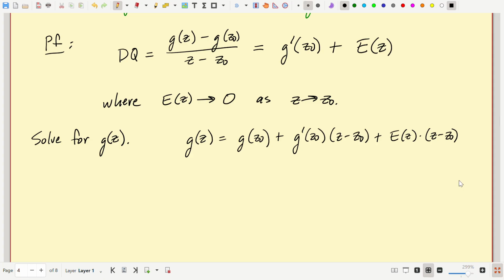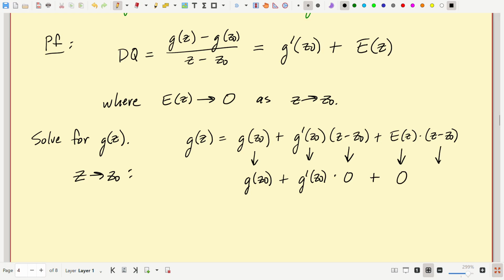And now if I let Z tend to Z naught, this one just sits there, it's a constant. This one tends to G prime of Z naught, that's a constant, times 0, because the limit of a product is the product of the limits, and that's even more true here. E of Z tends to 0, and Z minus Z naught also tends to 0, as Z tends to Z naught. And so sure enough, we see that G of Z tends to G of Z naught.